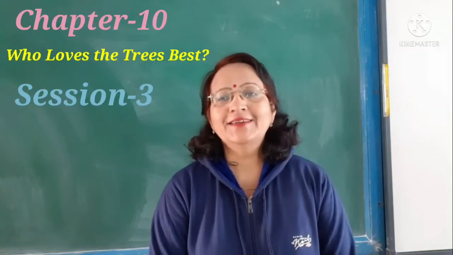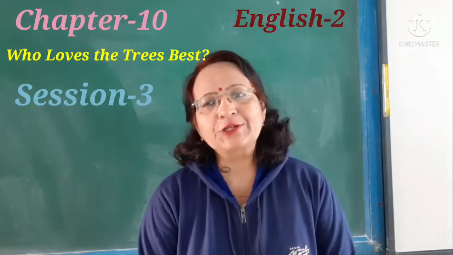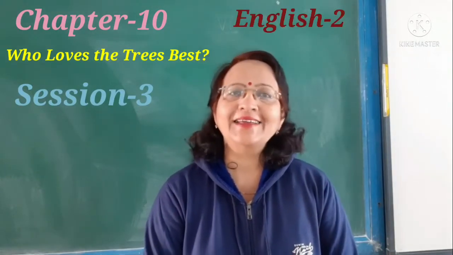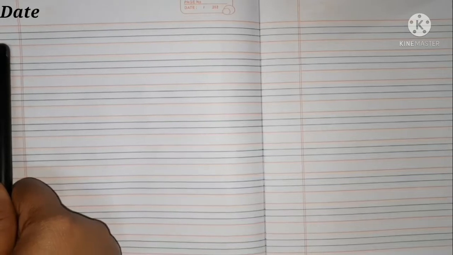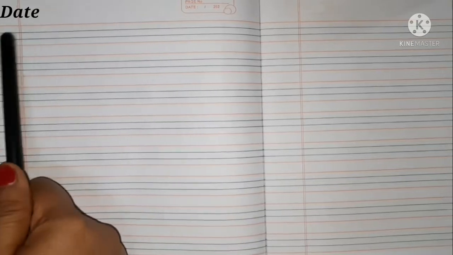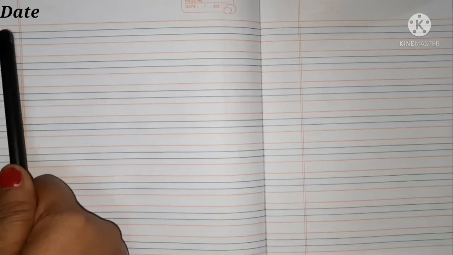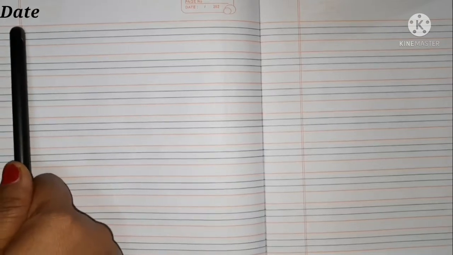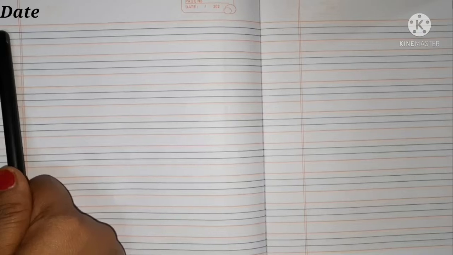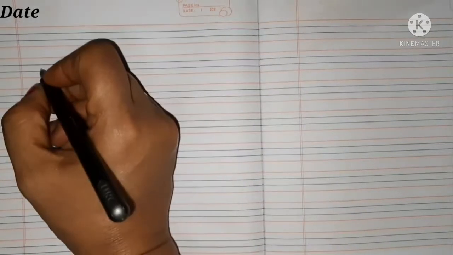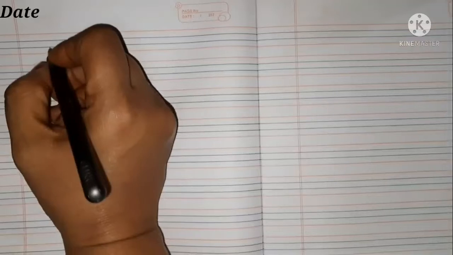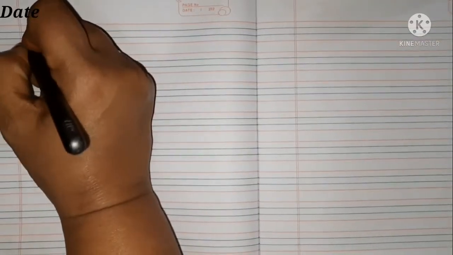Now children, first take out your English copy and write today's date. Take out a new page, and on the left side of the margin line, write the date. After writing the date, write: Answer the following questions. Okay children?